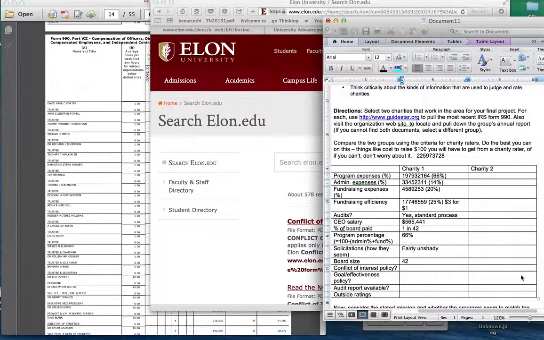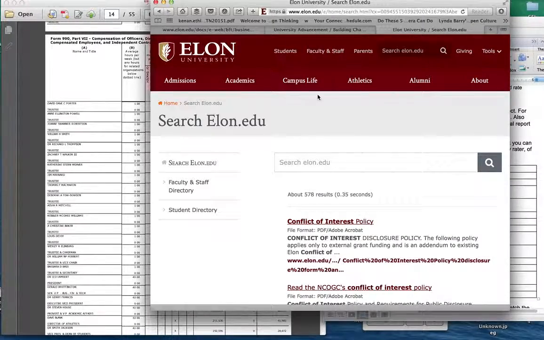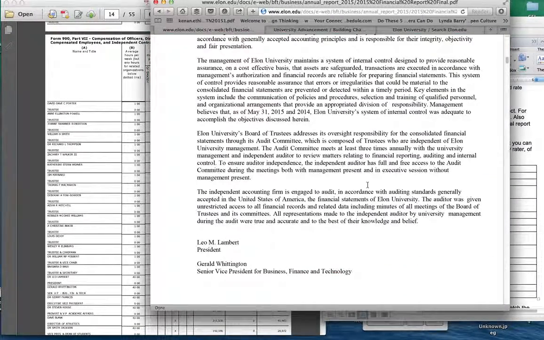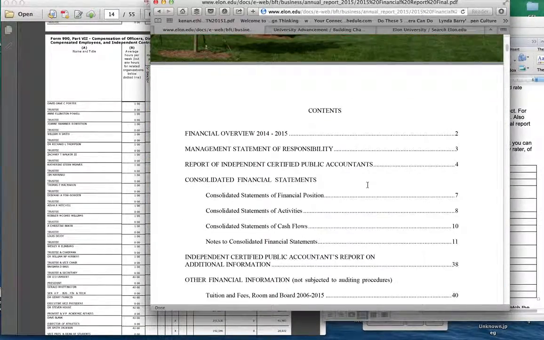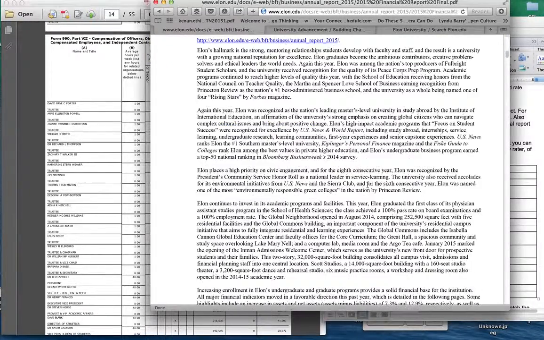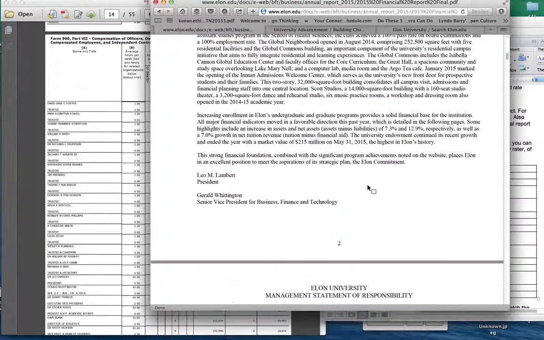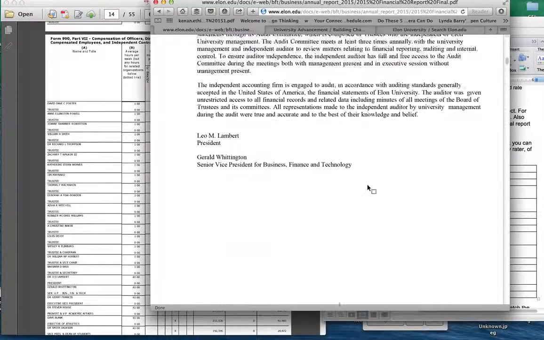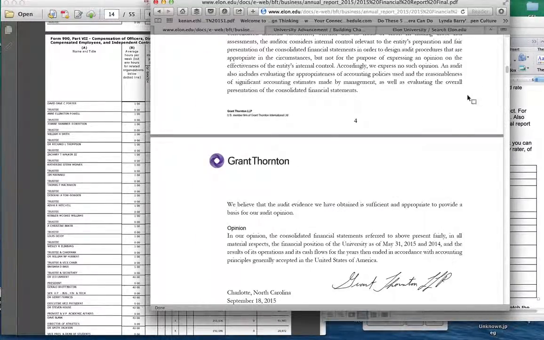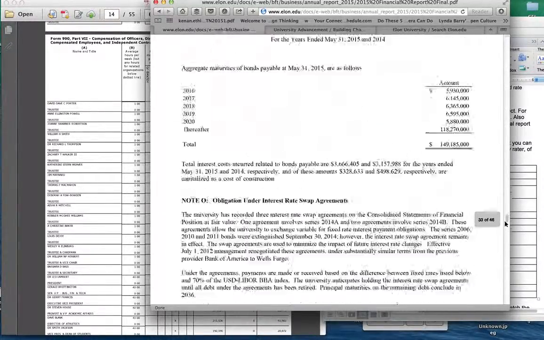Yes, they do. Yes. Do they measure their effectiveness? You can actually find this in the audit report. And it is down toward the end.